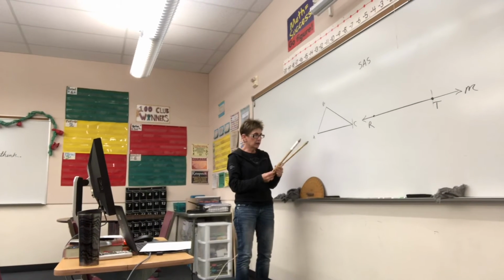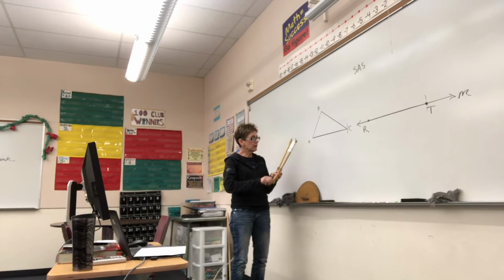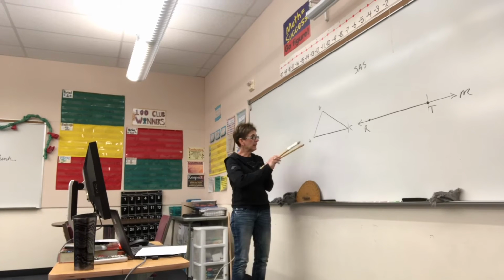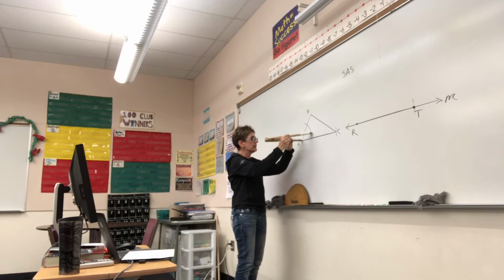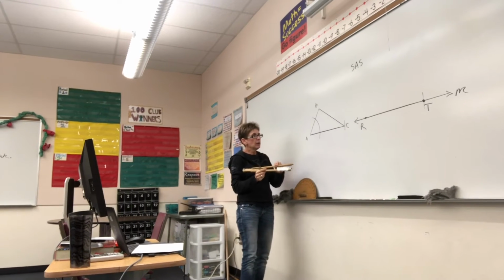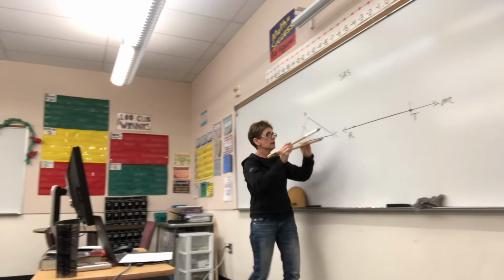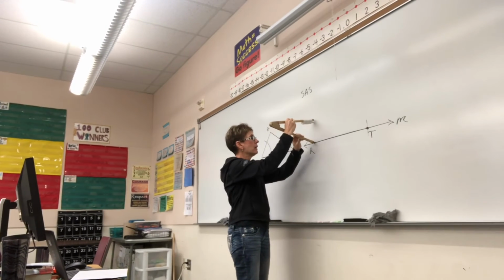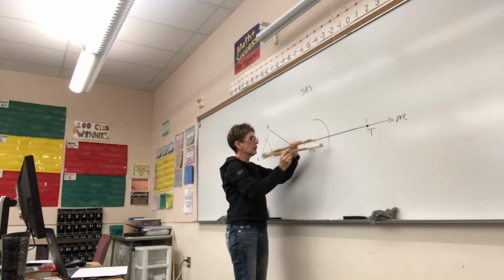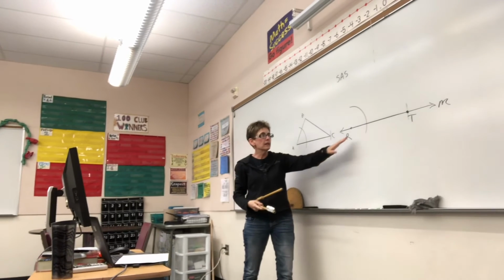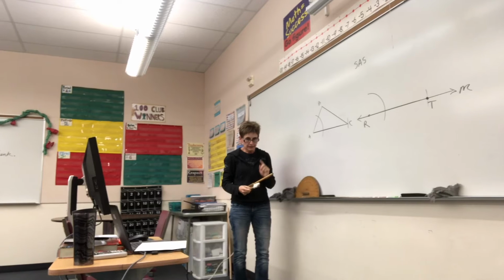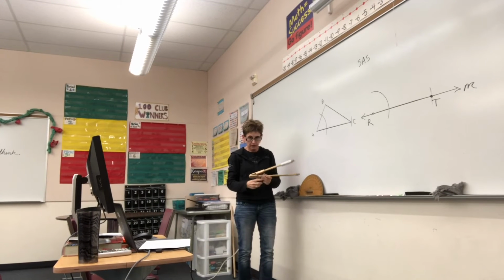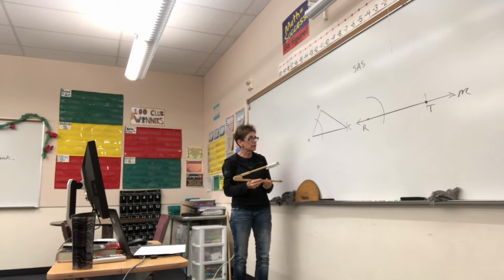We are going to take our compass and we're going to put the tip on A, and draw an arc that intersects both sides of the triangle. Then with that same setting, we're going to put our tip on R and draw a large arc that intersects line M and also goes fairly high up. Now, you do need to show each of these arcs to get full credit on your constructions test.